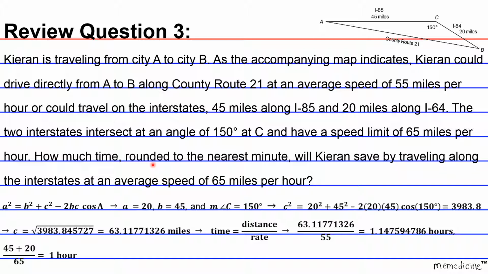But they want to know time rounded to the nearest minute. So this is like a combination of physics, because these are all like kinematic concepts here, as well as trigonometry, the law of cosines, and then you have unit conversions, which is found in your common engineering classes, introductory physics, stuff like that.